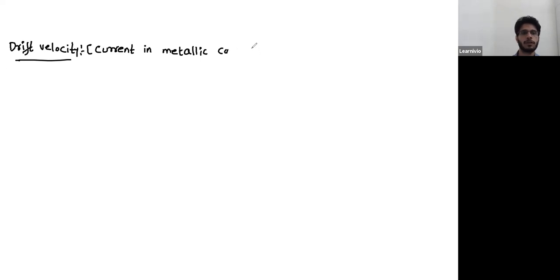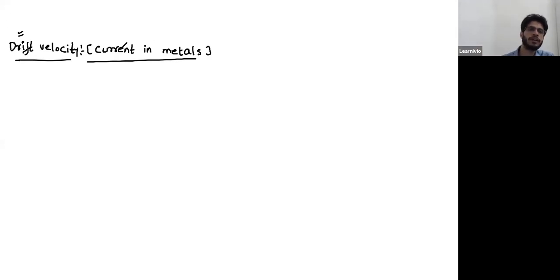Or I can just write it as current in metals. See, whenever you have a metal, in a metal, current flows due to motion of free electrons. It's a big topic. It covers a big portion of your current electricity, that current in metal conductors and metals. In this topic, we will see at electronic level how current flows in a metal, at the level of an electron.